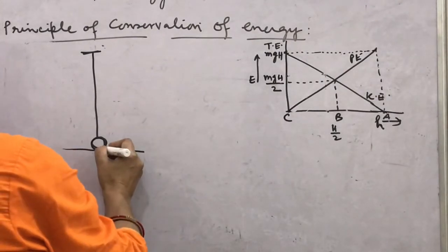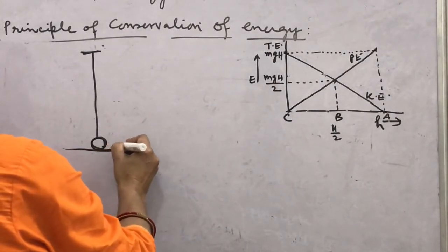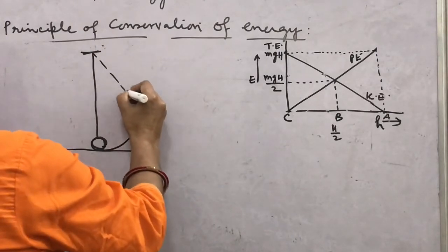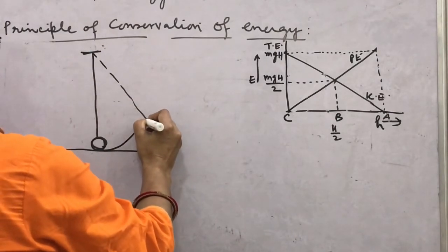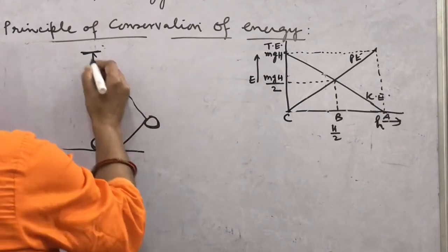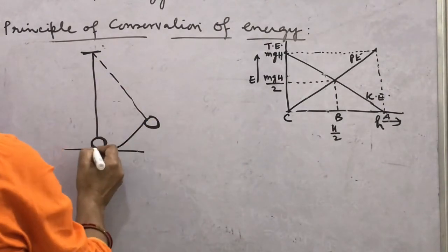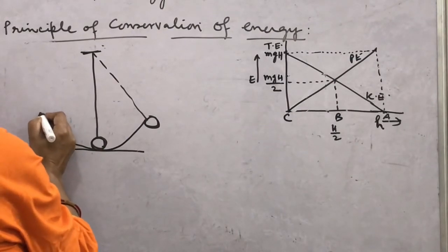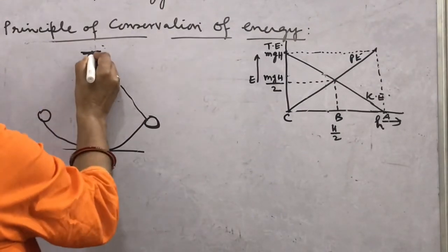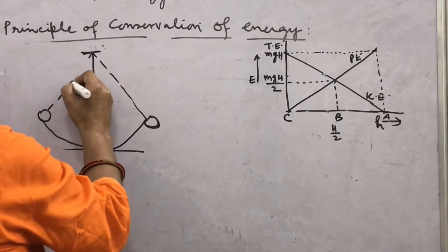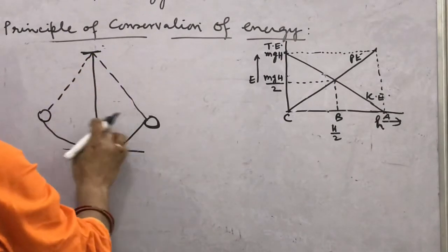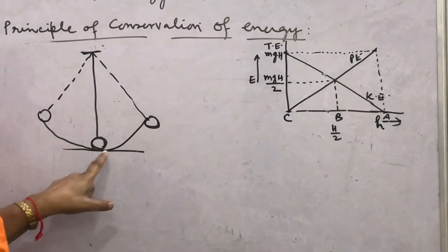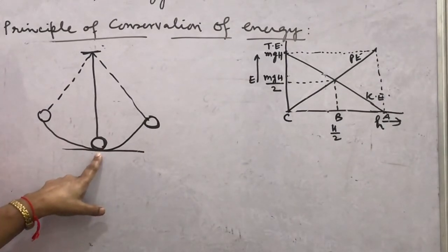Whenever it is displaced, then it attains a certain height. Then suppose in this position the pendulum comes, then after this position it acquires the same height and it goes on the other side, then this is the second position. These two positions are called extreme positions and this is called mean position.